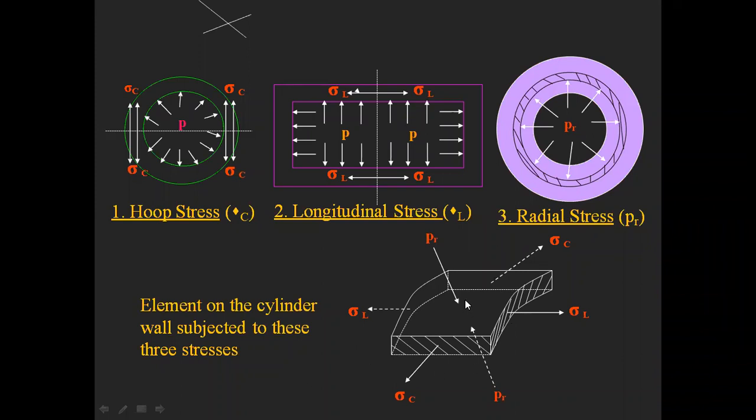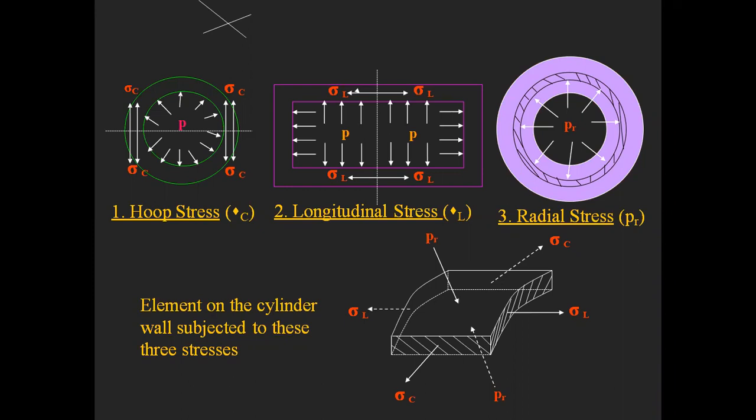Very important points we have to remember from thin cylinders. One, hoop stress is tensile in nature, and it depends on its diameter. Second, longitudinal stress is also tensile in nature, and it depends on its length. Third, radial stress is compressive in nature, and it depends on the radial distance of the cylinder.